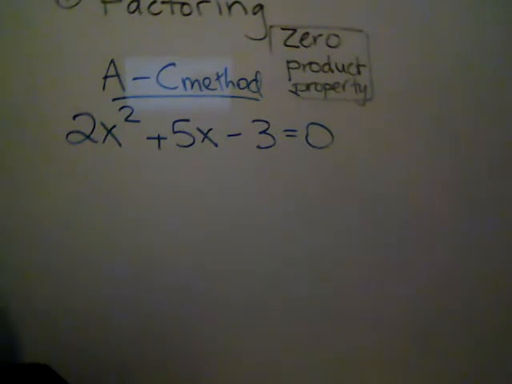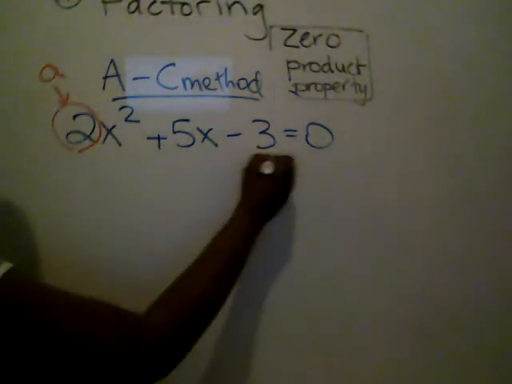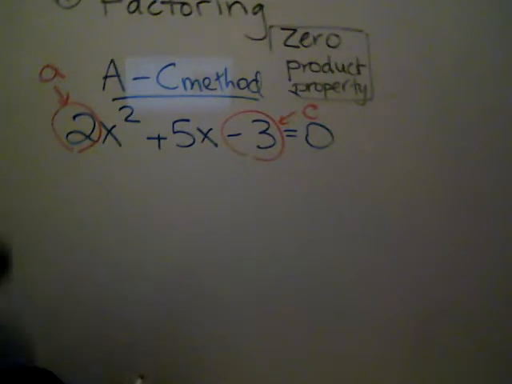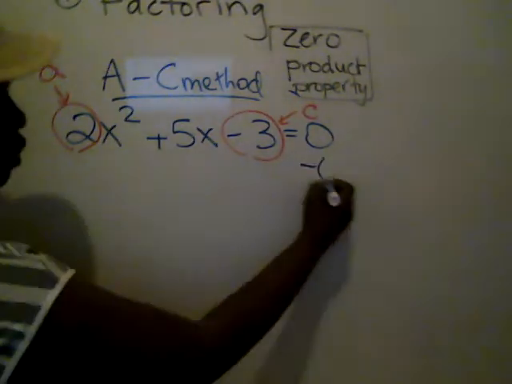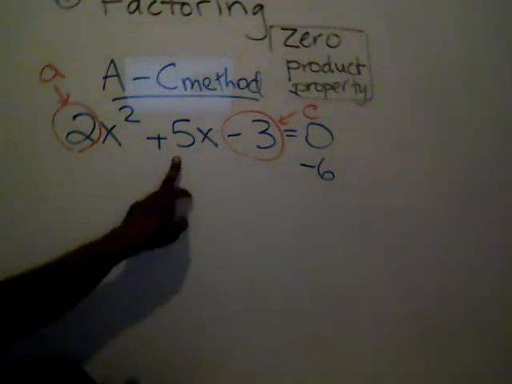All right, so the AC method is where we take this number in front, which is considered the A. This last number here is considered the C. So we're going to do 2 times negative 3, which is negative 6. Then from there, we want to figure out what are some factors of negative 6 that could add or subtract to get us 5.